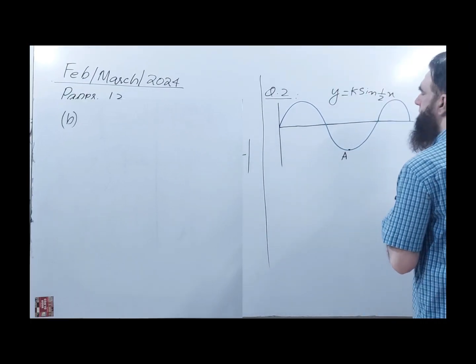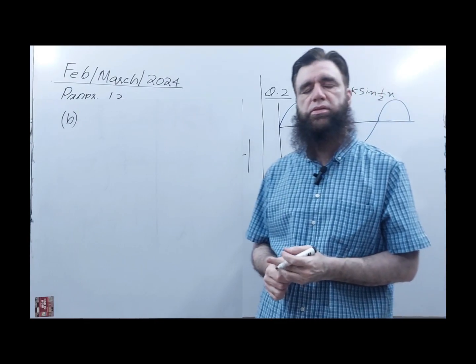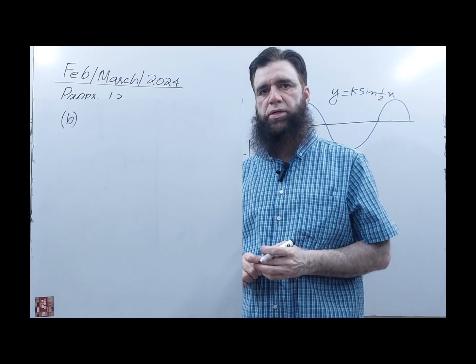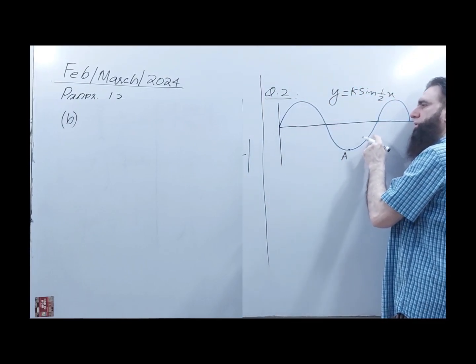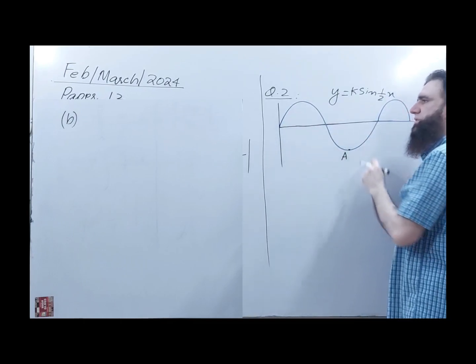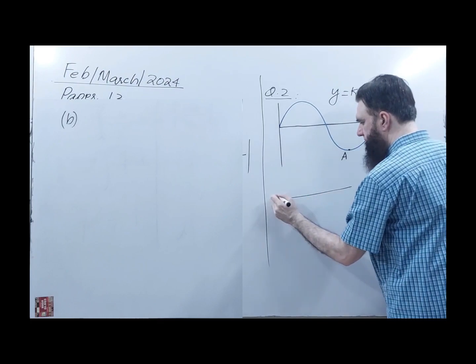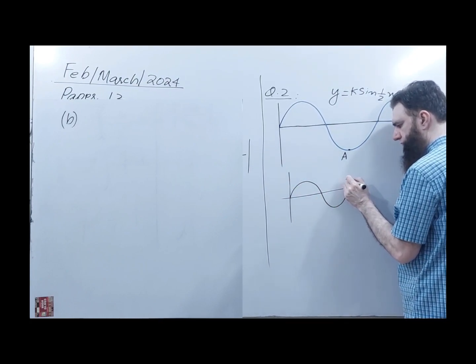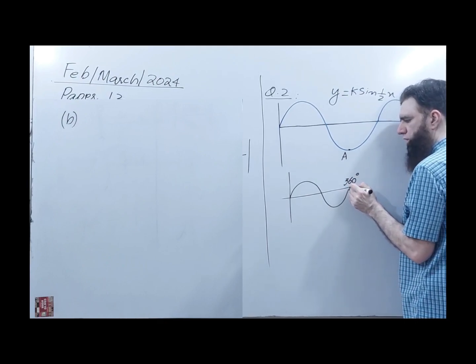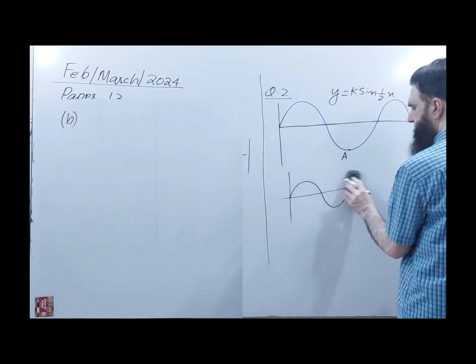Now, you know, the normal period of sine theta is 360 degrees. The period is the angle in which one wave of the curve is completed. One wave of sine theta is completed in 360 degrees. This is called the normal period of sine theta.